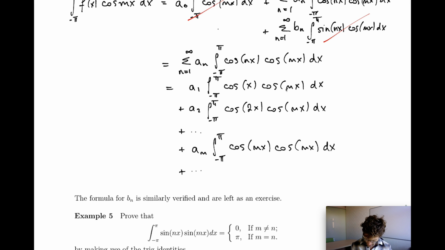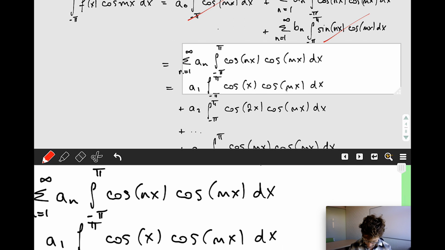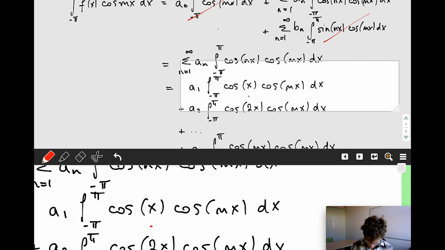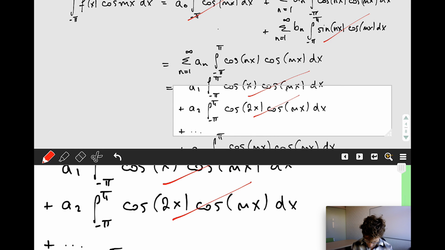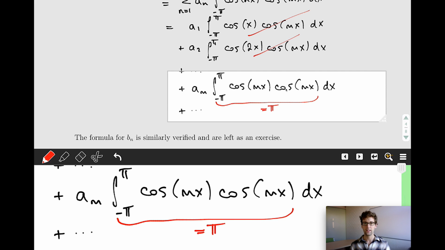So all of these integrals are going to be equal to 0. This one will be 0, this one will be 0, and so on. The only one that will survive is this one, when I finally get to m.